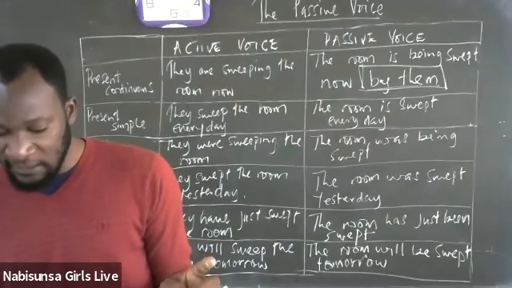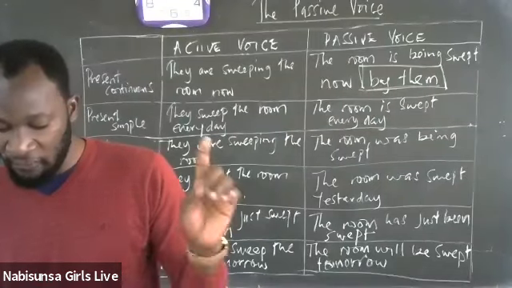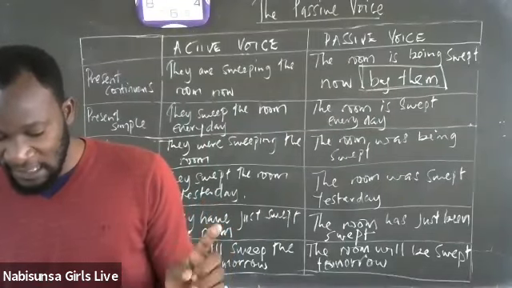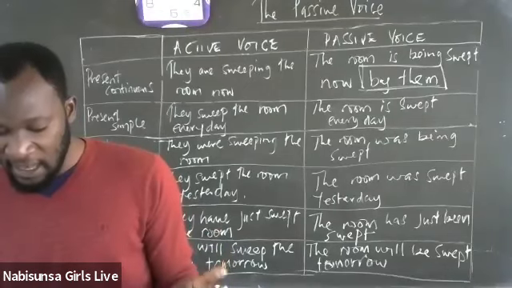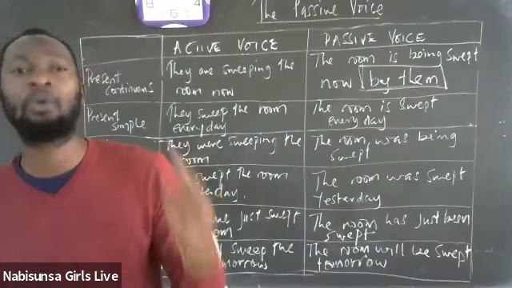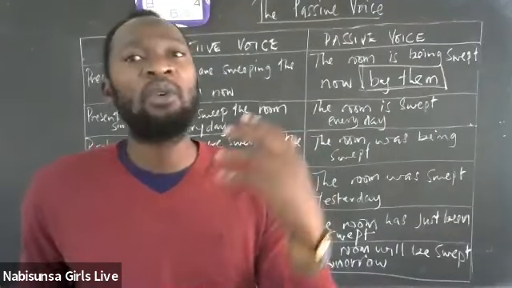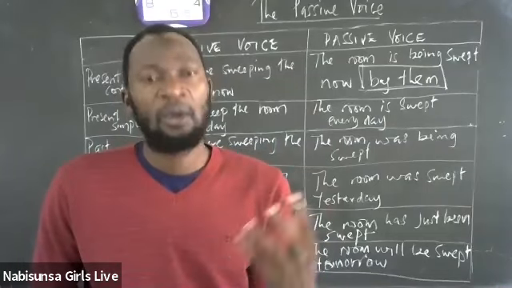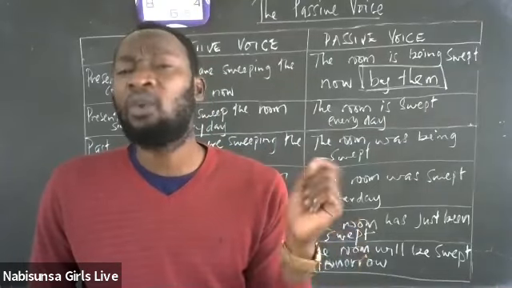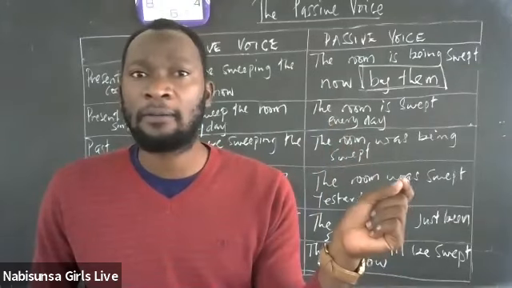The passive voice is particularly useful when we are not interested in the doer of the action. Thus, when we say the room is being swept, I am interested in the action itself, not in the person who is doing it. So what we are saying is, when we are using the passive voice, we are not interested in the doer of the action, but rather the action itself.